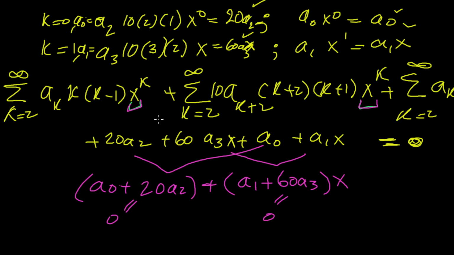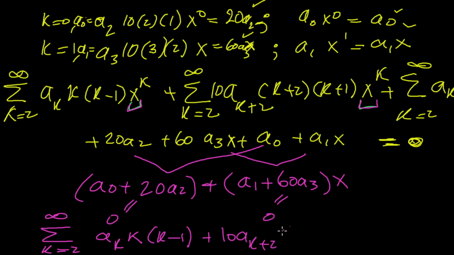So let's write this summation here. So k equals 2 to infinity of this a sub k times k minus 1 plus 10 a sub k plus 2 times k plus 2 times k plus 1 plus a sub k all x power k, right?